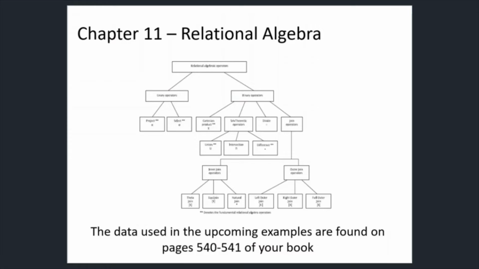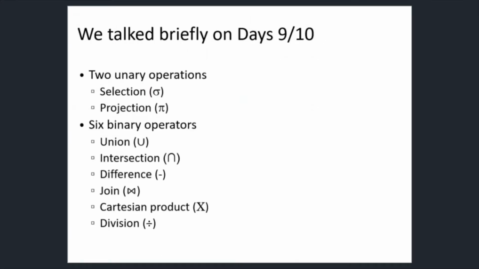This chart and the data that are used in the upcoming examples can be found on page 540 and 541 of the textbook. And in fact, this content isn't completely new or shouldn't be a complete surprise to you all. We did briefly introduce relational algebra on days 9 and 10.